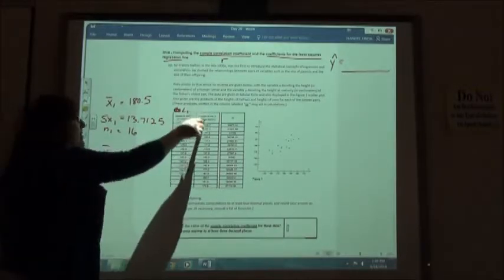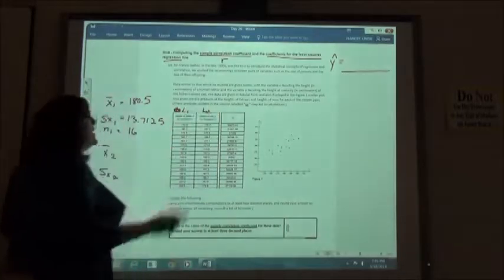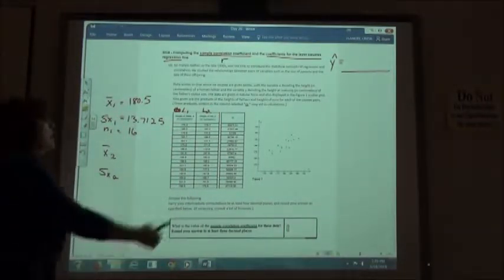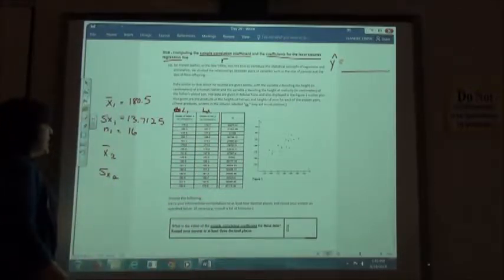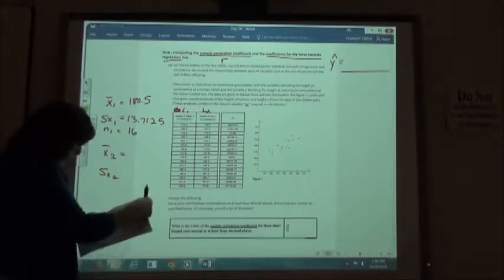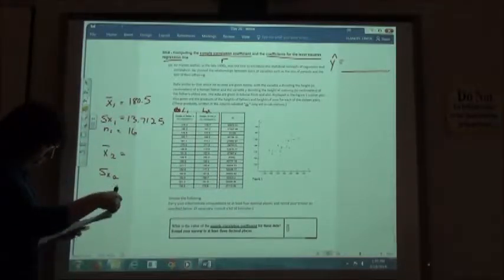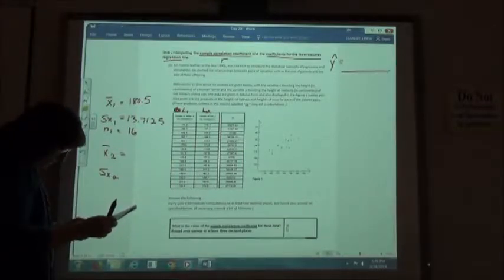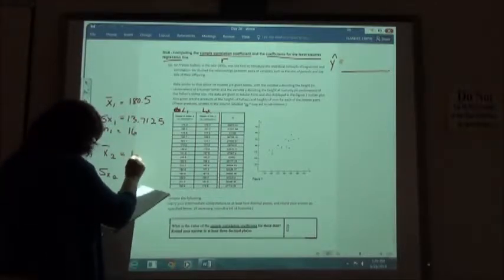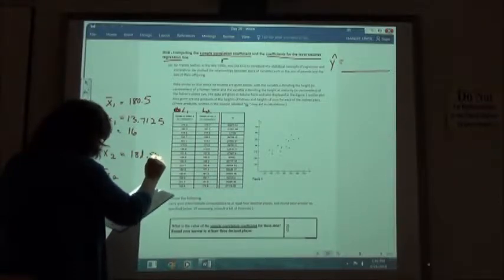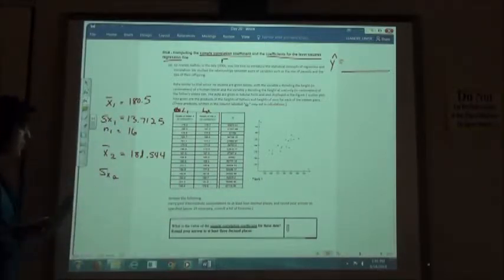When I did my second list, you can either put them in list 2 or just re-put them in list 1 and calculate your statistics again. Doing the calculations on list 2, my mean of list 2 was 181.544 if I round that off.